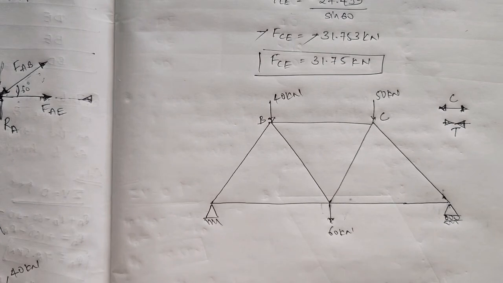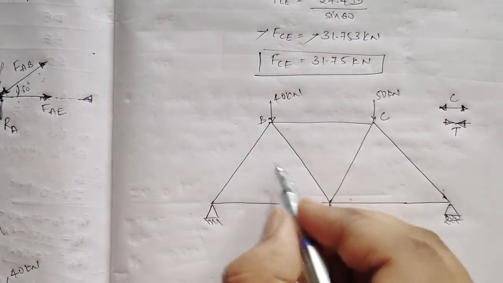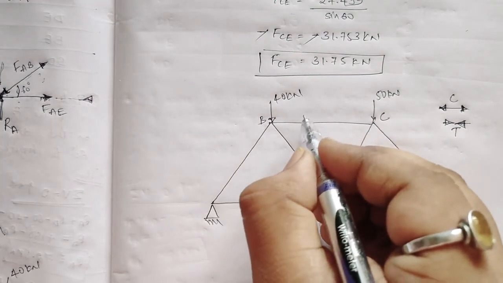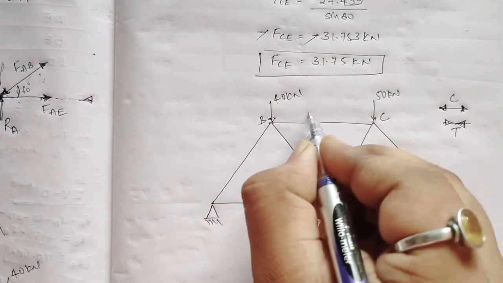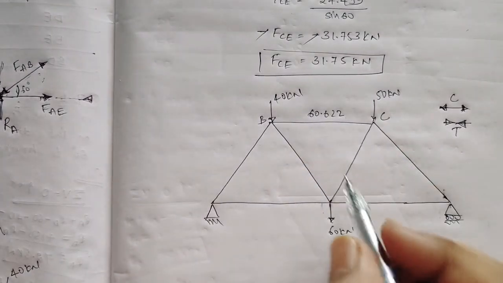Now I'll rewrite the forces in the members. The FBC or FCB force I got is 60.622.